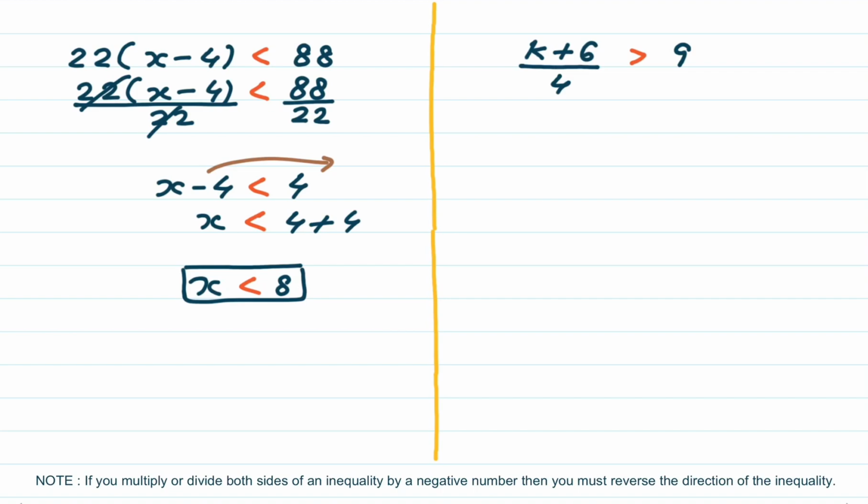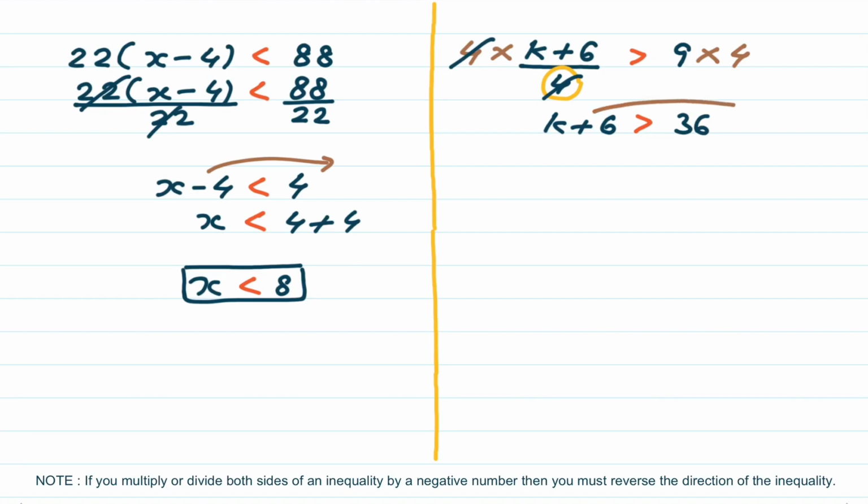In the next question, in the denominator there is a number 4, and to remove that number 4, we multiply each side of the inequality by 4. So I get k plus 6 greater than 9 times 4, that is 36.